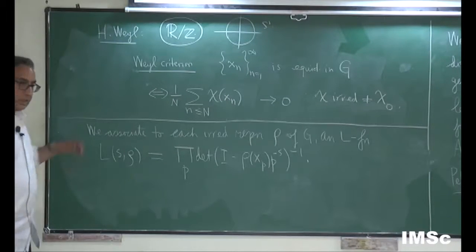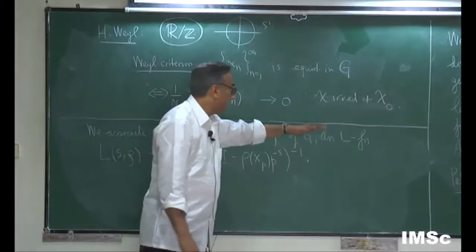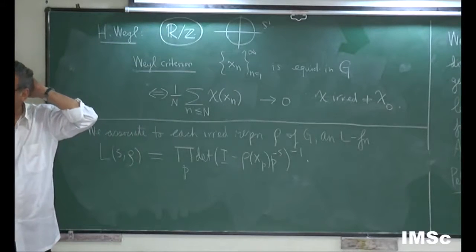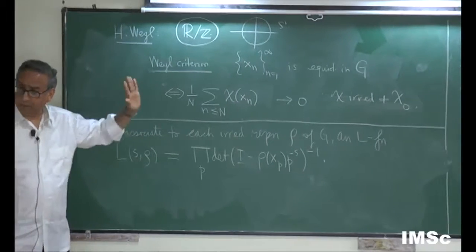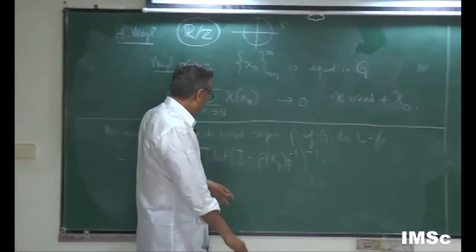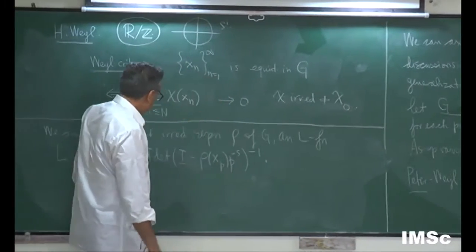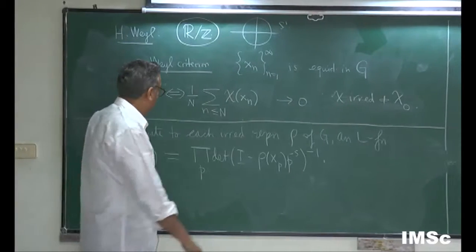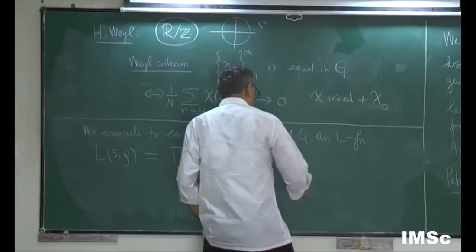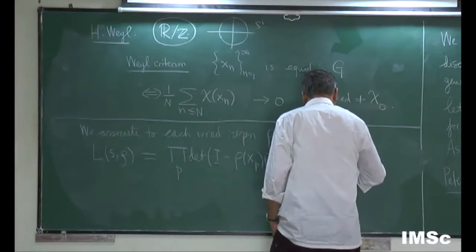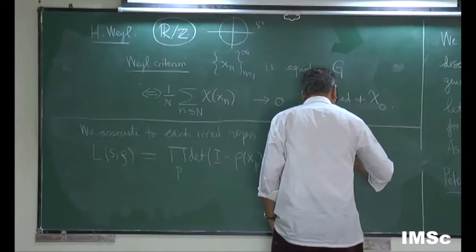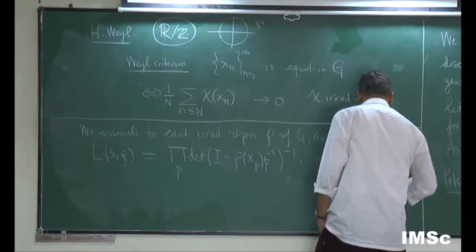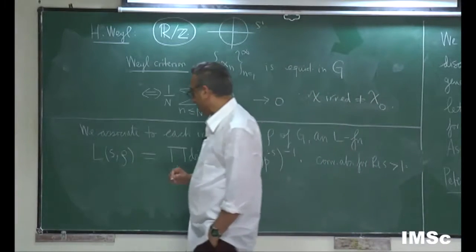Okay. Now, because the group is compact, firstly, all the irreducible representations are finite dimensional, standard group theory there, and the eigenvalues are all roots of unity, therefore bounded by 1, and therefore this converges absolutely for real part s bigger than 1 for each of these things.